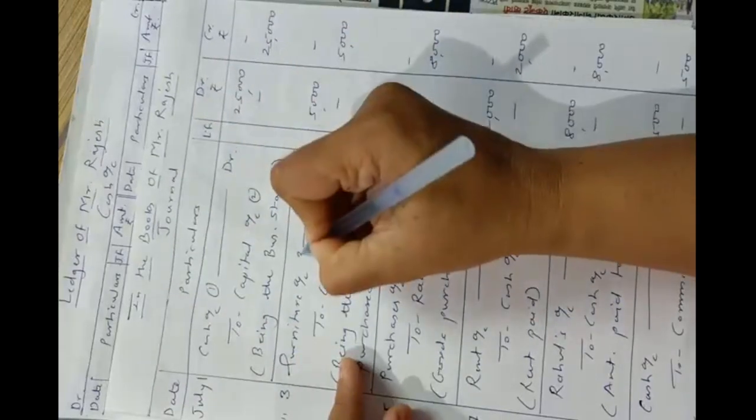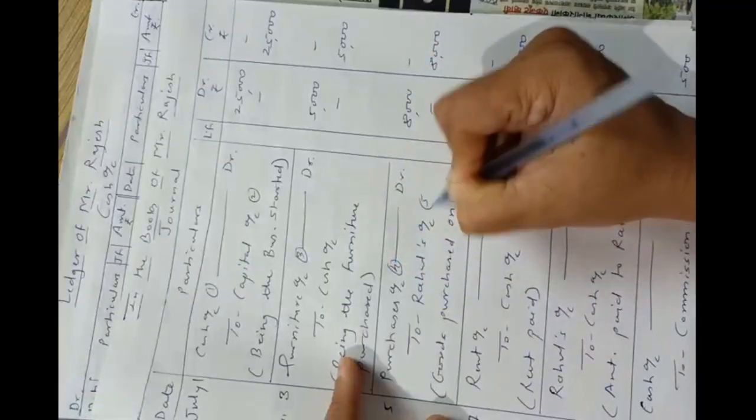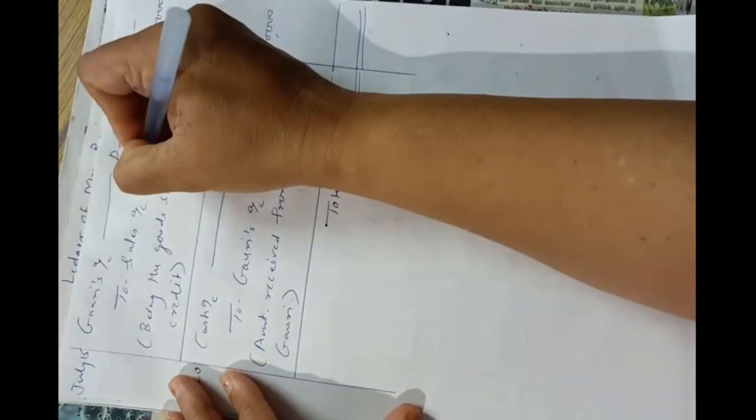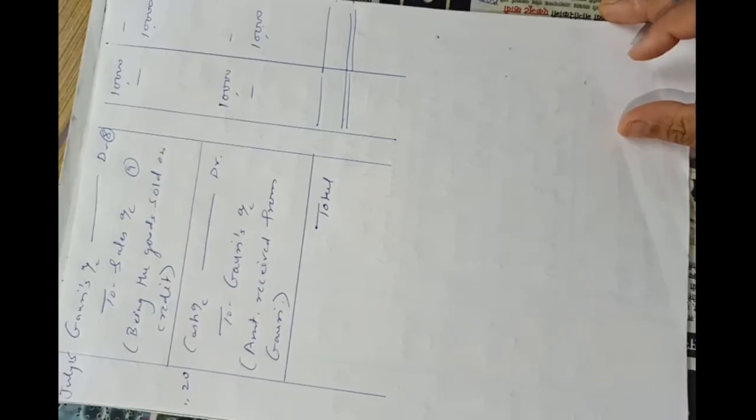So let's count here. This is cash account 1, capital account 2nd, 3rd furniture account, 4th purchases account, 5th Rahul's account, 6th rent account. Then commission account will be 7th. Gauri's account will be 8th. Sales account will be 9th. So we have to draw 9 accounts in this problem.